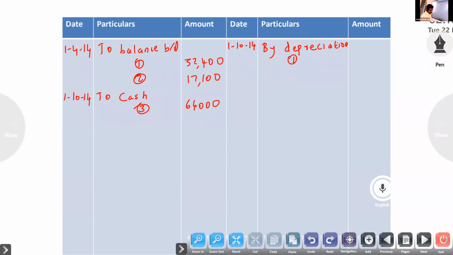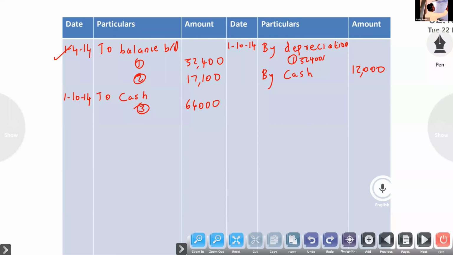It is given that on 1st October 2014, the machinery bought on 1st April 2012 was sold for rupees 12,000. For depreciation, look from 1st April to 1st October. How many months did we use that machinery? 6 months.